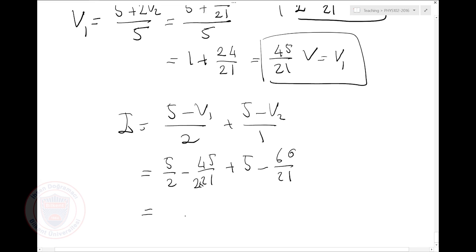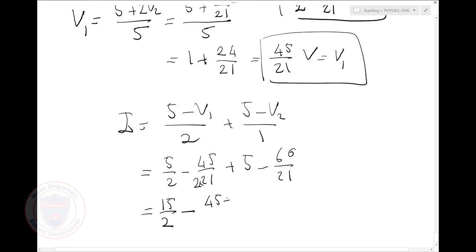15 over 2 minus 45 plus 120 over 42. It's going to be 15 times 21 minus 165 divided by 42.